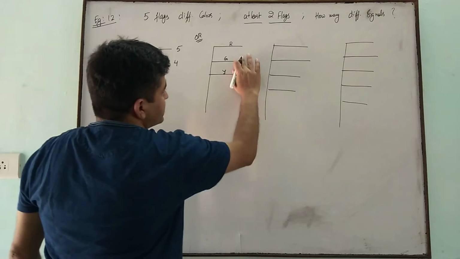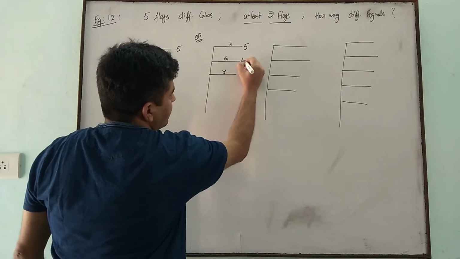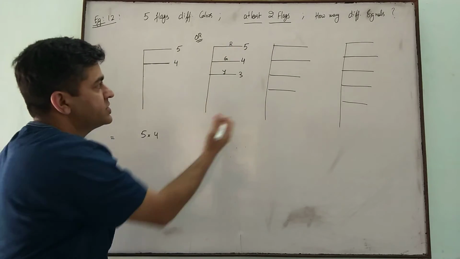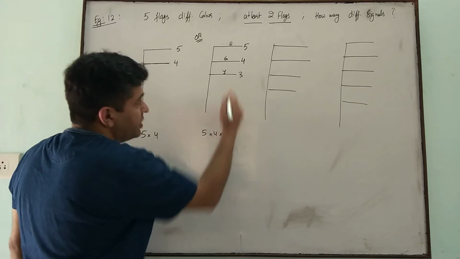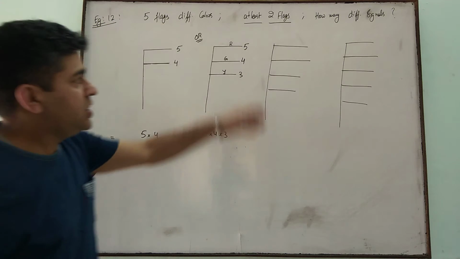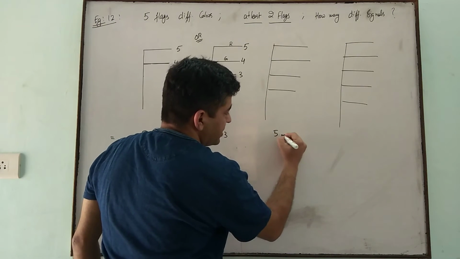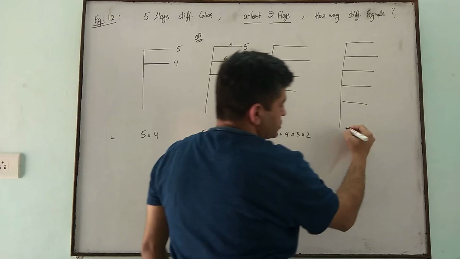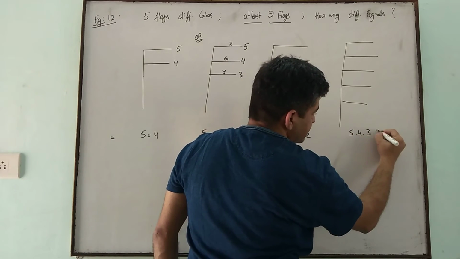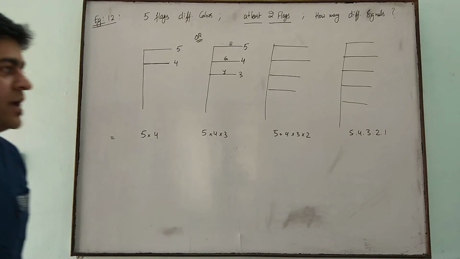So how many signals can be generated? 5, 4 and 3. Obviously repetition is not allowed. So 5 into 4 into 3, if we are using 3 flags. If we are using same way 4 flags, then 5 into 4 into 3 into 2. And if we are using all the 5 flags, then these many signals can be generated.